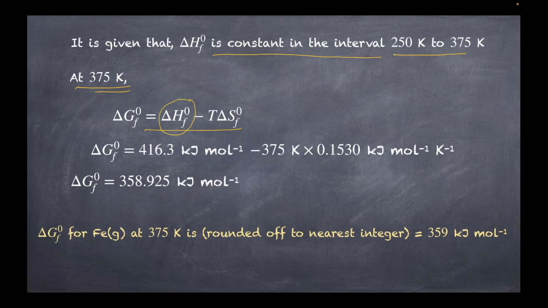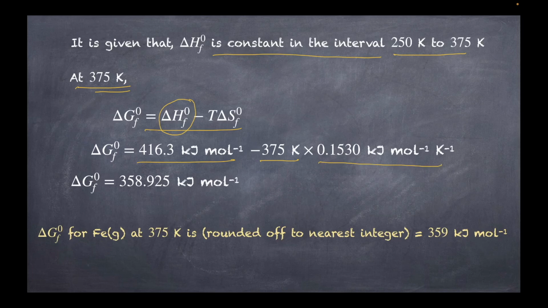So delta G0F at 375 Kelvin will be 416.3 kilojoule per mole minus temperature 375 Kelvin times the entropy value, 0.1530 kilojoule mole inverse Kelvin inverse.